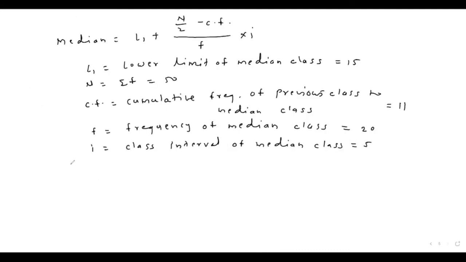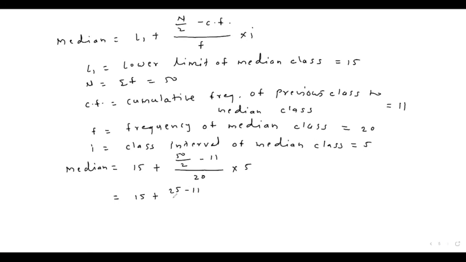So let me put in all the values. Median is equal to L1, which is 15, plus N, that is 50, divided by 2, minus CF, which is 11, divided by F, which is 20, into I, which is 5. So this is equal to 15 plus 50 divided by 2, which is 25.